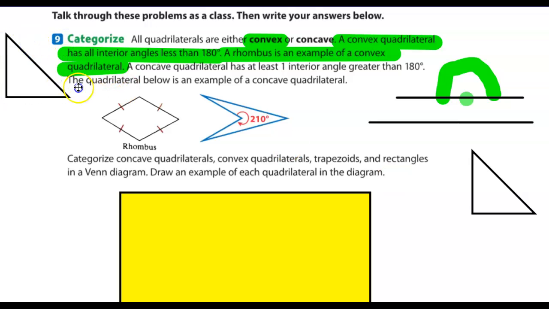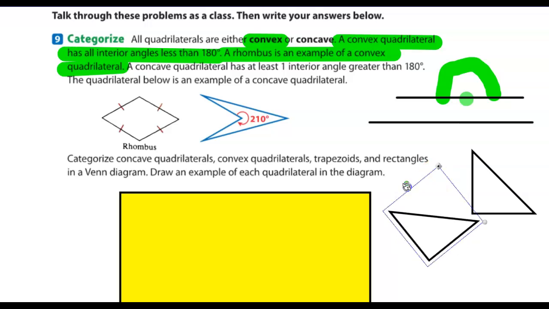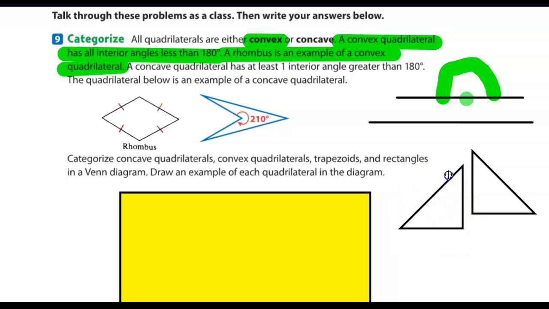So now let's say that I had two of these. And it was this way. And you have 90 degrees and 90 degrees. 90 plus 90 equals 180. So that is where you get the 180 degrees in a straight angle.